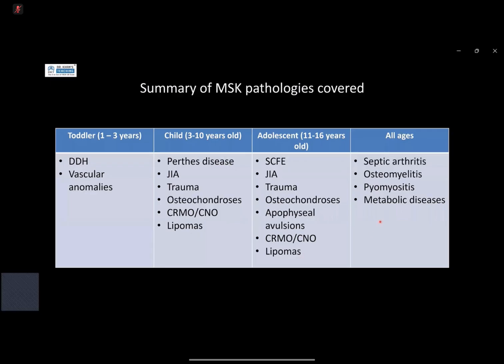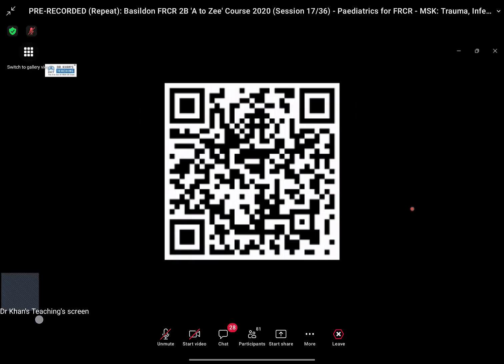Lipomas can happen at any age. And of course, in all the other ages, you think of septic arthritis, pyomyositis, osteomyelitis. What we didn't really cover today is metabolic diseases, but at least we went through some stress fractures and insufficiency fractures. Okay, so that's the end of session 2. Sorry, this was really a whistle-stop talk of some of the pediatric MSK.